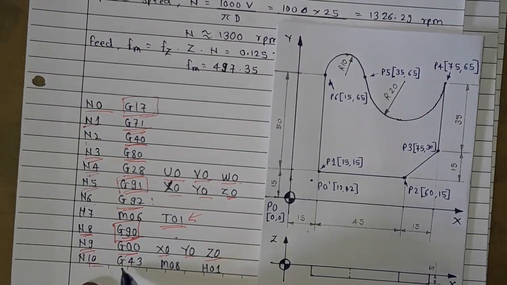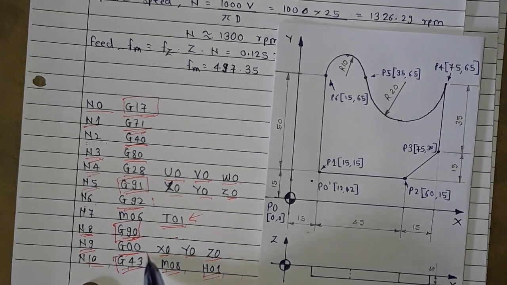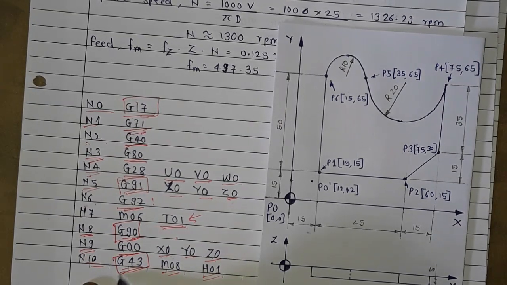Then N10 G43 M08 H01, here G43 is for tool length compensation positive on, and M08 is for coolant on.